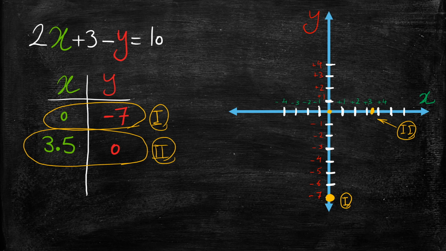And if you give more points to the equation to find more values for x and the corresponding values for y, you will find more points of this graph. But since this is a linear equation, we know it's linear because the greatest power of the unknowns is 1, the visualization of this graph is going to be just a line.